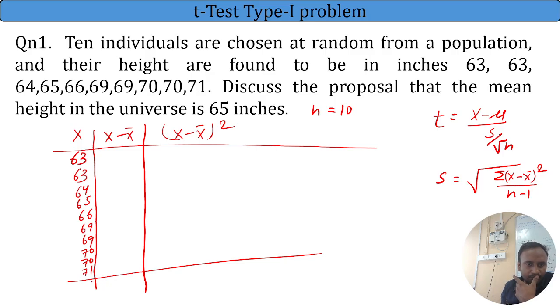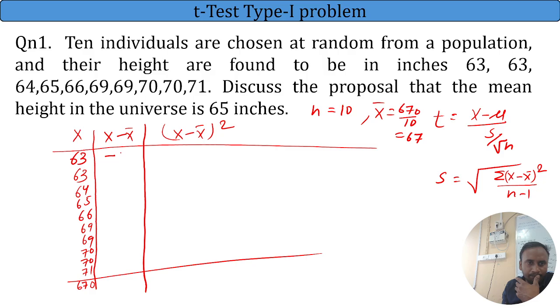So that will become 6, 6, 6, 1, 2, 3, 4, 5, 6, 7 into 42. 42 plus 21, 63. 63 plus 4, 67. It's 670, is it? So x bar will become 670 by 10, which is 67.